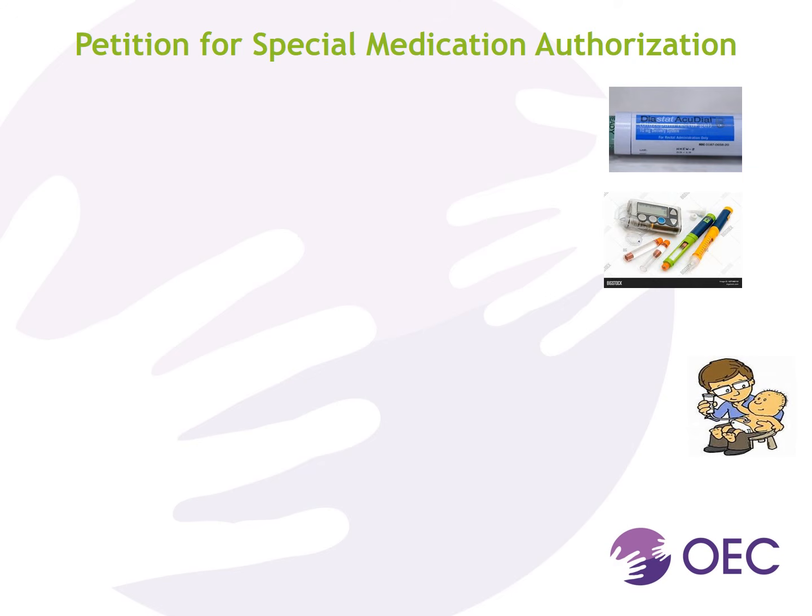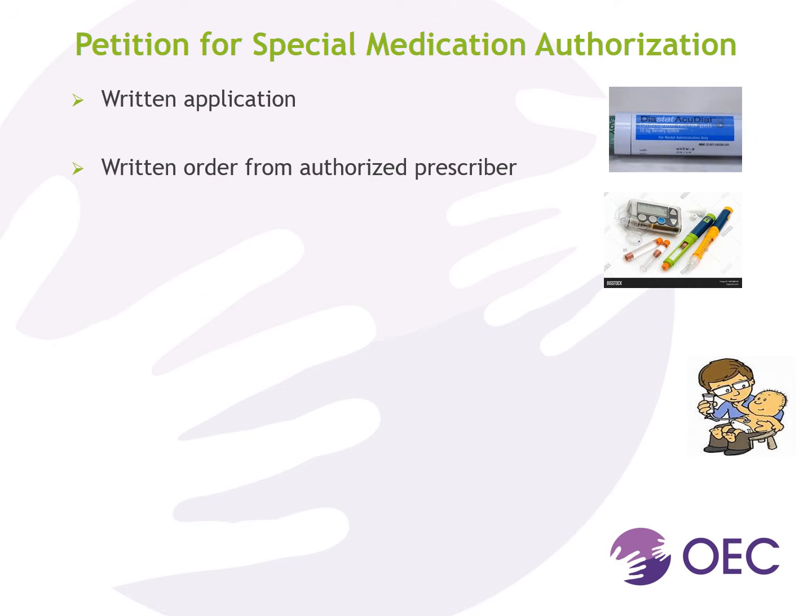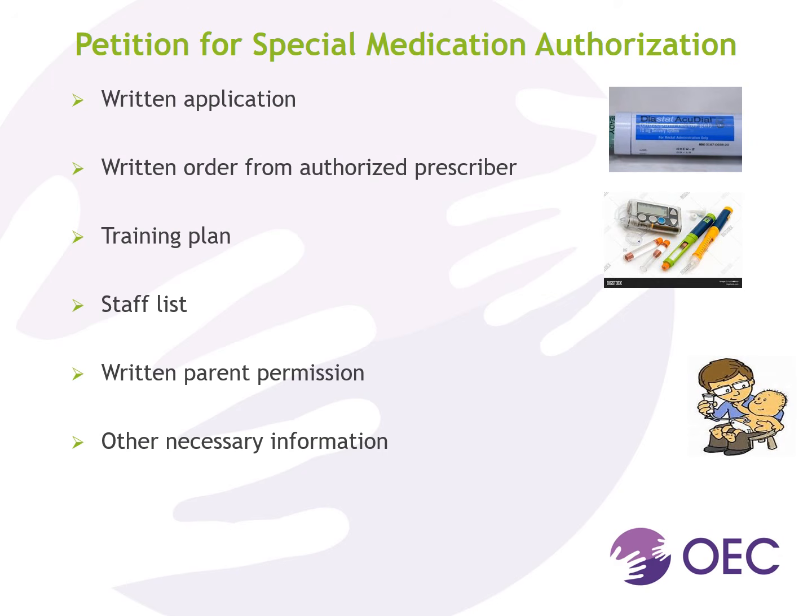In order to do this, a written application would need to be submitted to the OEC. This application would include a written order from an authorized prescriber, a plan that identifies how the provider and staff will be trained, a list of the staff that have been trained, written permission from the child's parent, and any other information necessary to evaluate the request. A checklist of items required for the application for special medication administration can be found at the address shown here.